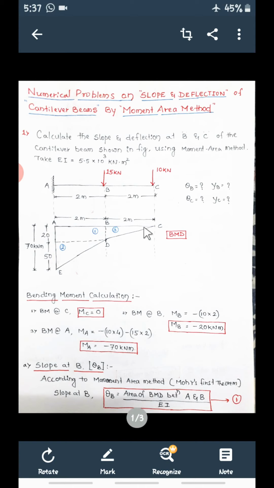Since we are calculating deflection at C, x1 bar is measured from C to the centroid of this, then x2 bar from C to the centroid of this, then x3 bar from C to the centroid of this. All distances should be from C.